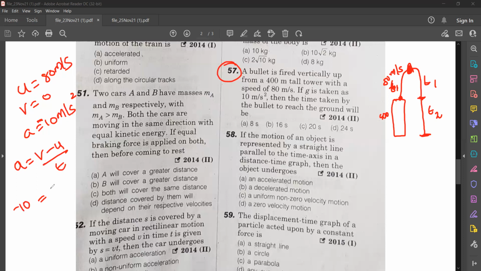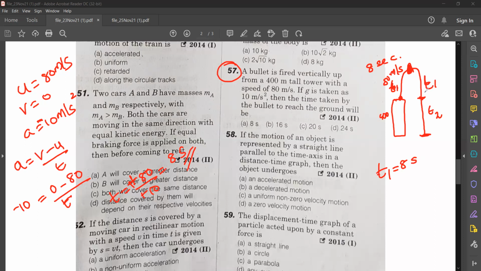Minus 10 is equal to 0 minus 80 by t, so t is equal to minus 80 by minus 10, which gives 8 seconds. So for reaching the top it is 8 seconds. That is, T1 is equal to 8 seconds.